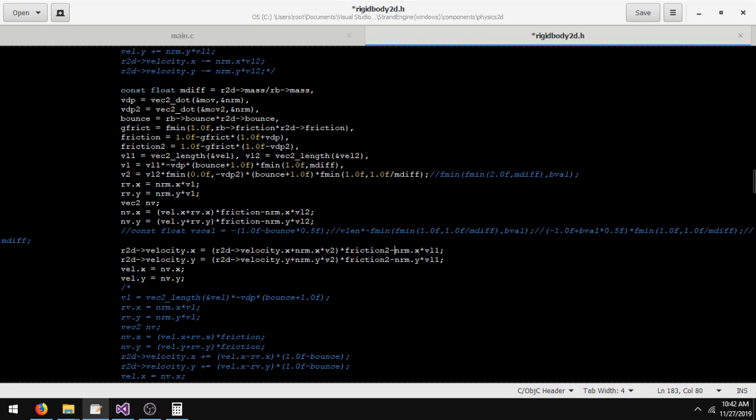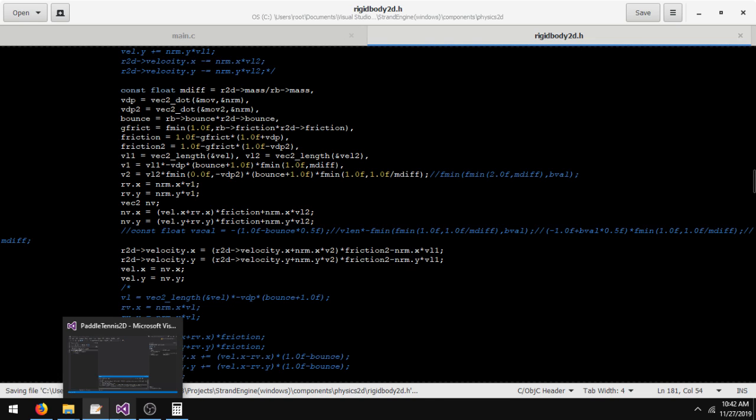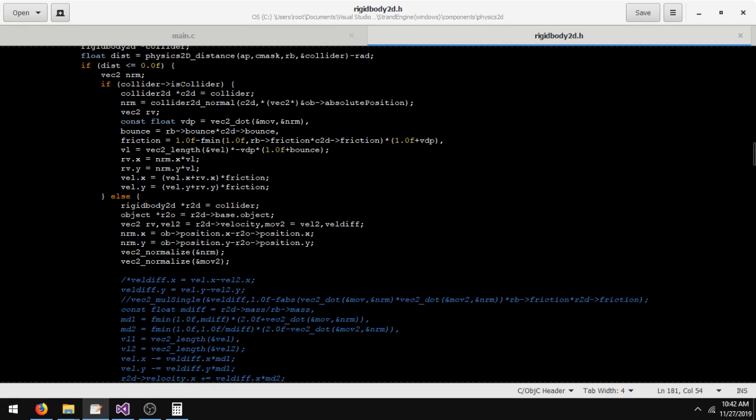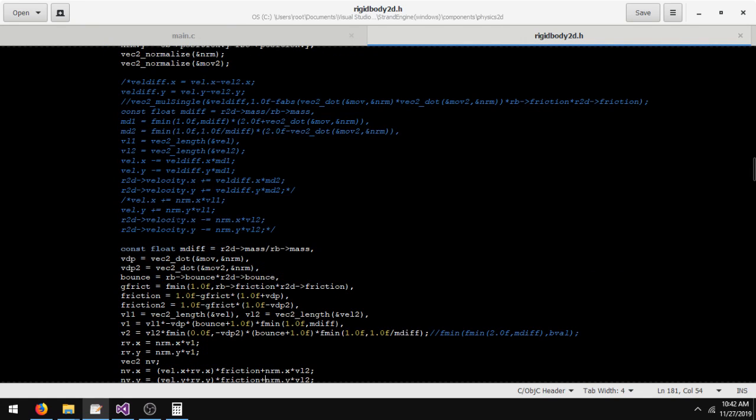Oh, so this is actually negative force applied. Wait, where is it? So this is towards the rigid body.